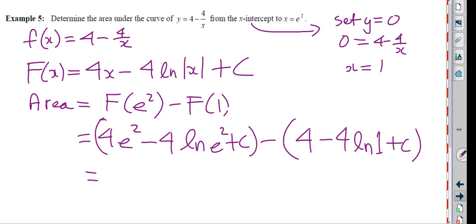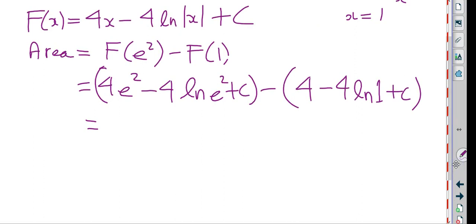So 4e squared is 4e squared. Not much you can do with that, but what's the ln of e squared? Yeah, so it's 2 ln e, which is 2 times 1, and then times 4, so this will be minus 8. Okay?